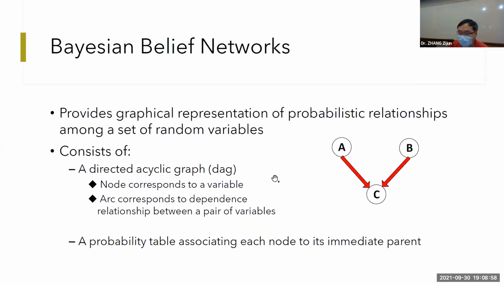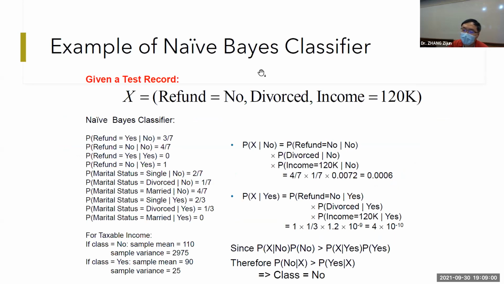So we introduced a complete example of a naive Bayes classifier: given a test record X, how its label is determined based on a set of computations.